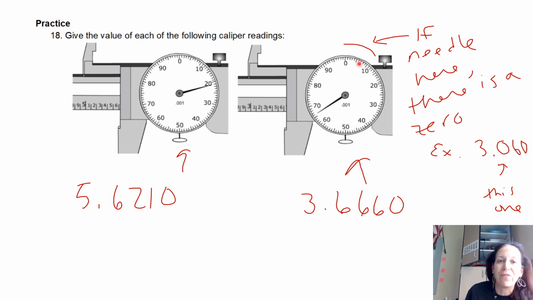So for example, if the needle were over here, it would be 3.60, and then if it were up here, it's 0.6. So that 0 right there. So just be careful if the needle is up there. It's just easy to miss that there is a digit of 0 in there.